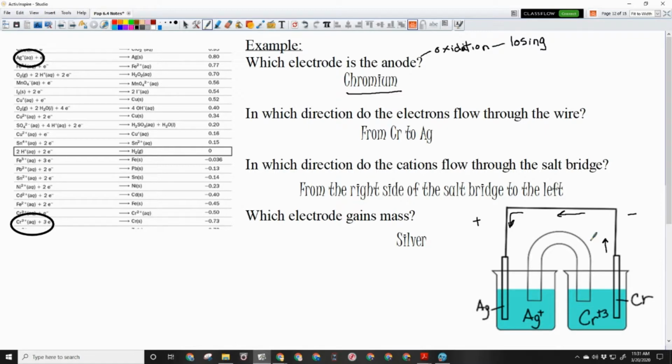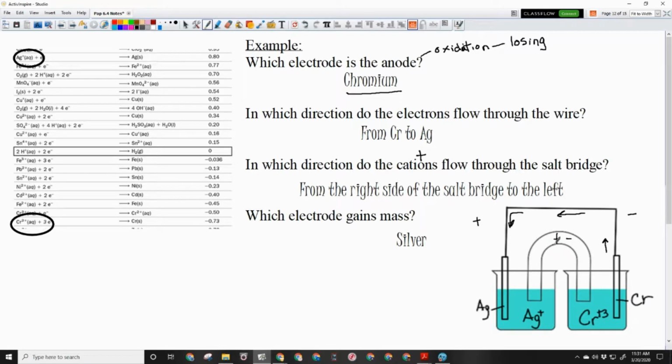In which direction do the electrons flow in the wire? Well, we just established that it's going to go from chromium to silver. And in which direction do the cations flow through the salt bridge? Cations are positive. So in the salt bridge here, we have positive and negative.